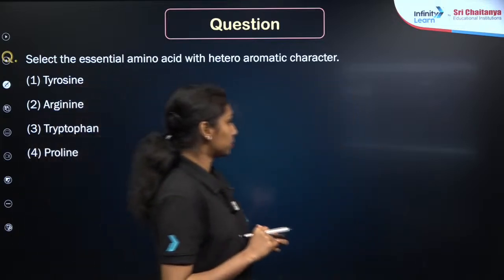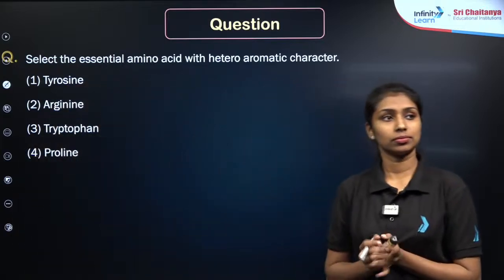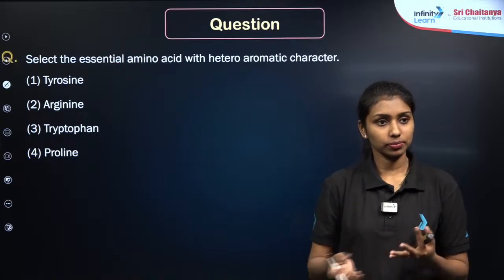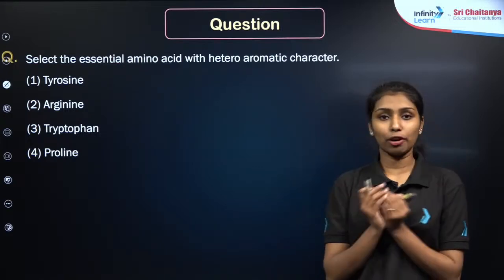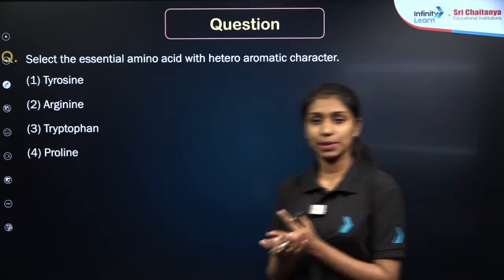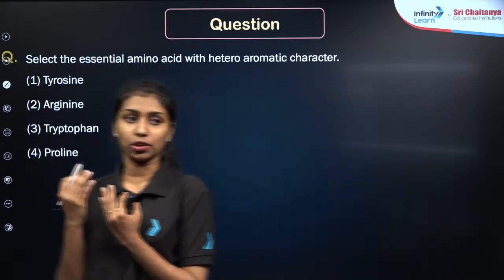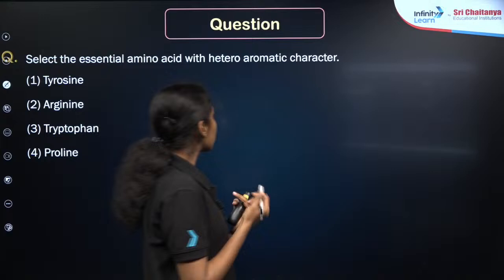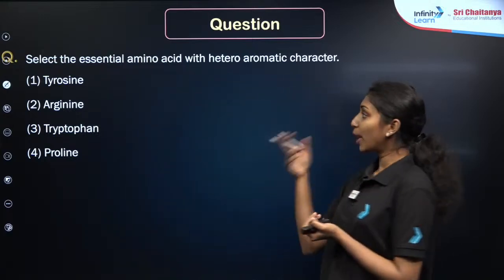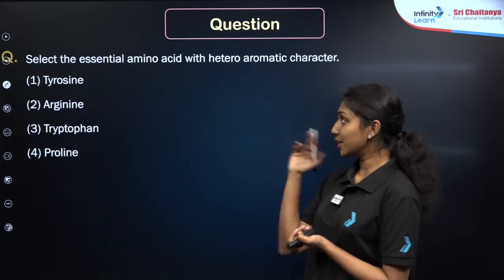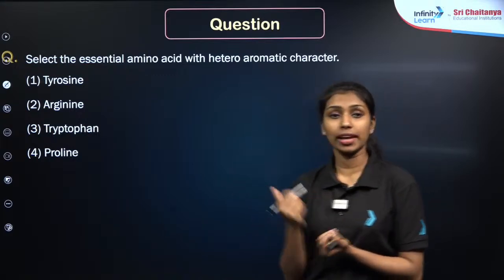Heteroaromatic character. I believe everyone has the idea of aromaticity. We have studied aromatic, non-aromatic and anti-aromatic compounds, right? Whenever we are considering heterocyclic rings, they must have heteroaromatic character. So you have to identify the one essential amino acid with heteroaromatic character.